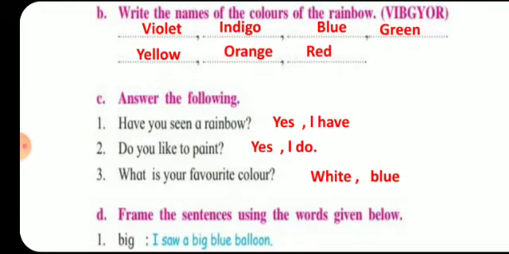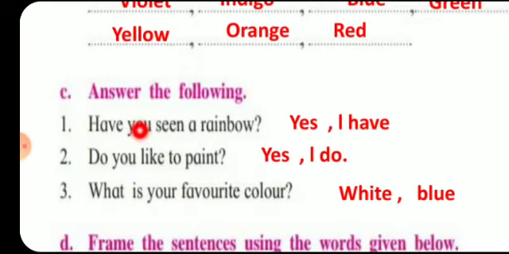So this is how you can remember the sequence of the rainbow colors. So what will you remember? Vibgyor. From each letter you can come to know which color, what is the sequence of the colors. Okay.